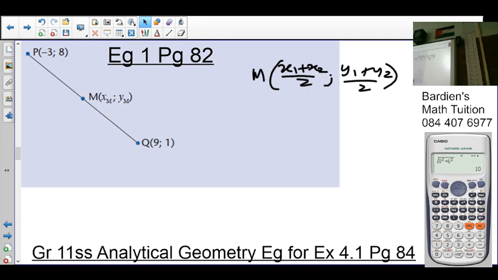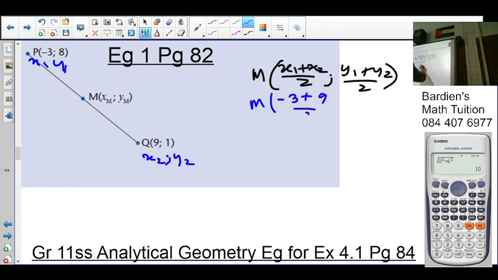How they got the formula was explained in grade 10. So if we make P x1, y1, then Q will be x2, y2. So that will be M: negative 3 plus 9 over 2, and then 8 plus 1 over 2.